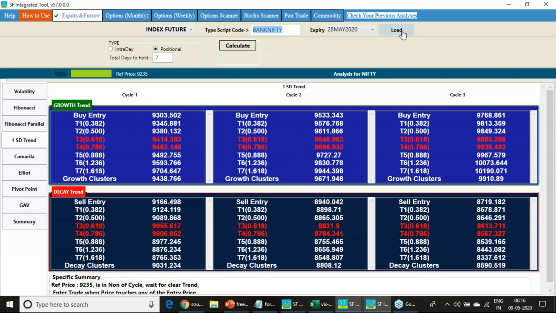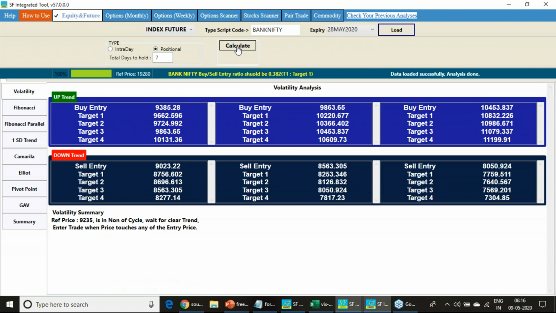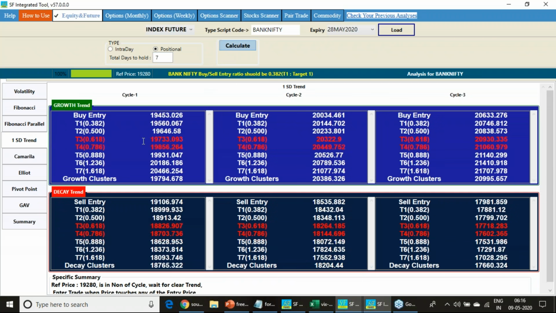So for Bank Nifty also, I'll do the same. So weekly trends we are finding out. These reports we used to give earlier. So now that particular report we are not able to give because of this lockdown and other situations. So you can have a look at the Bank Nifty weekly trends. Bank Nifty, so 0.382 level is a trend confirmation point.